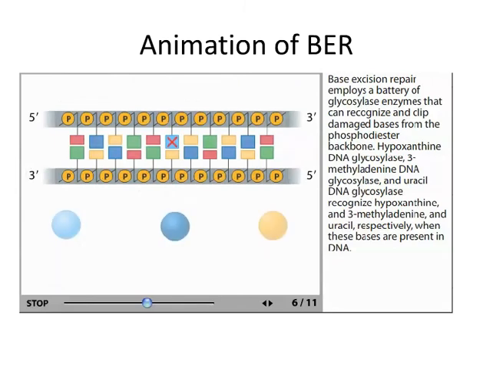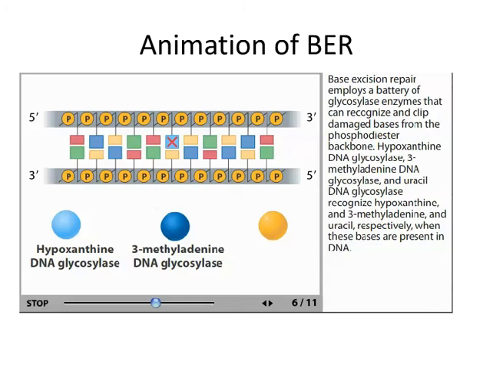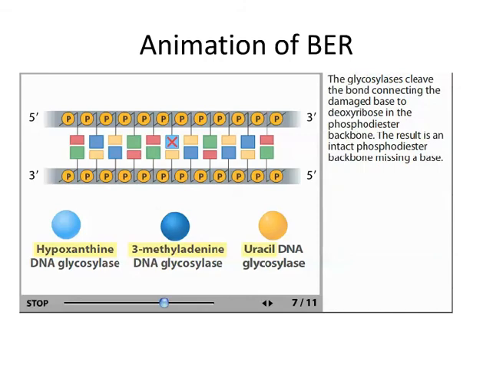Base excision repair employs a battery of glycosylase enzymes that can recognize and clip damaged bases from the phosphodiester backbone. Hypoxanthine DNA glycosylase, 3-methyladenine DNA glycosylase, and uracil DNA glycosylase recognize hypoxanthine, 3-methyladenine, and uracil respectively, when these bases are present in DNA.